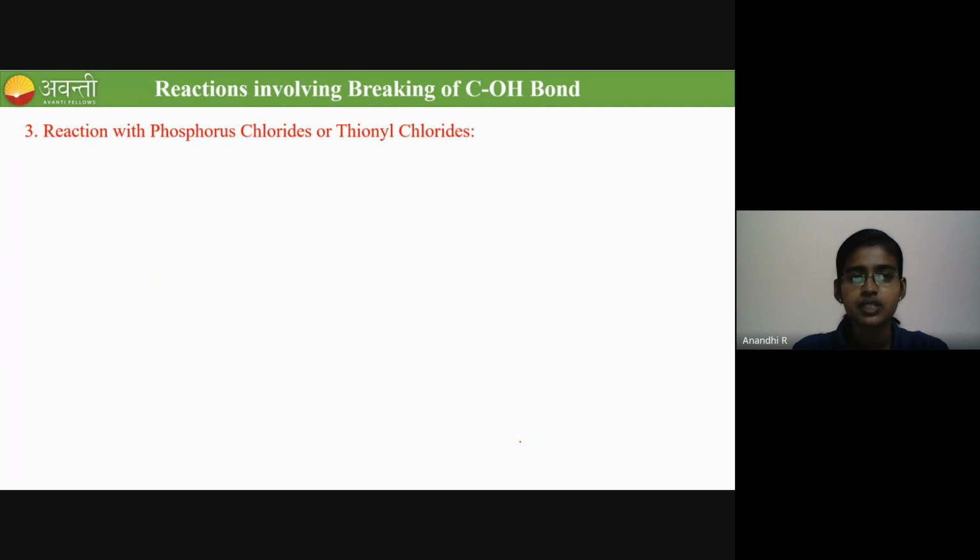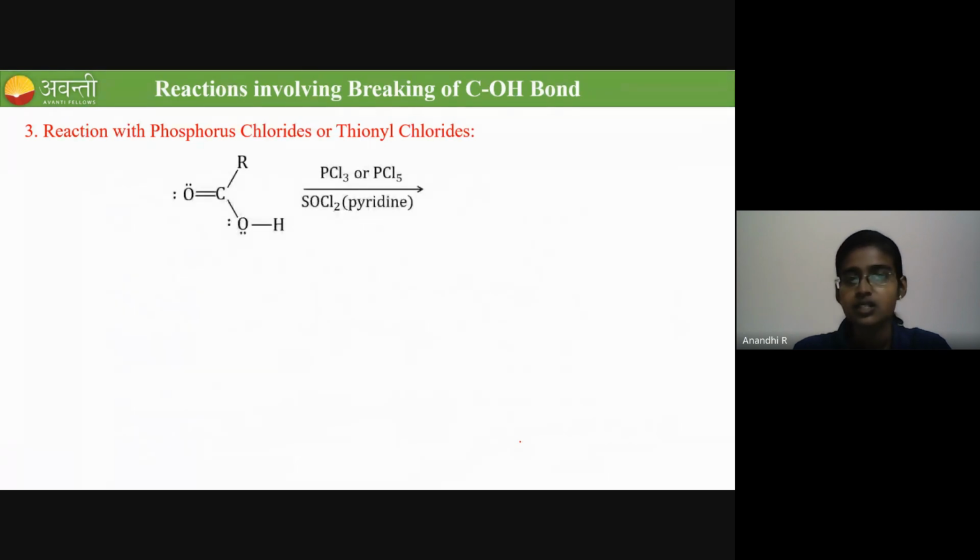Coming to the third reaction, that is a reaction with phosphorus chloride or thionyl chloride. We have two different phosphorus chlorides: one is PCl3 and the other one is PCl5, and here we are going to use both. The thionyl chloride formula is SOCl2.